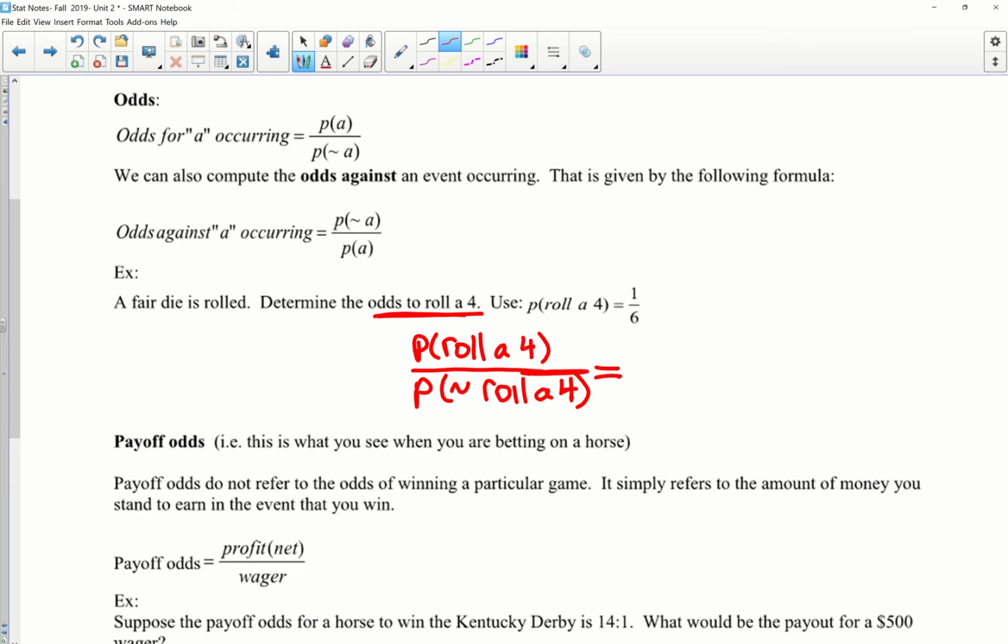All right, so the probability of rolling a 4 is 1 out of 6. They gave that to us.